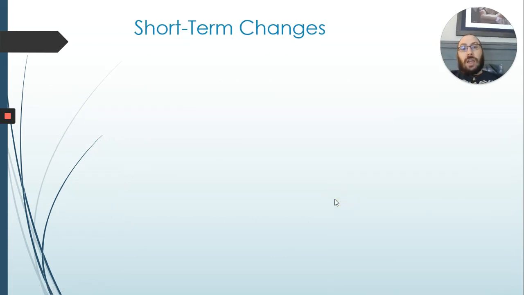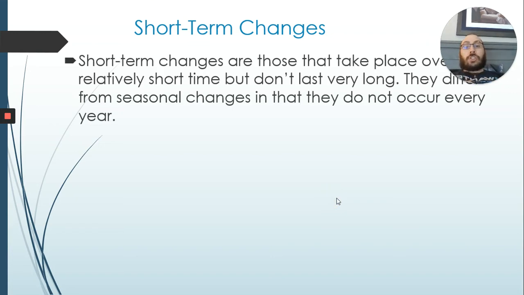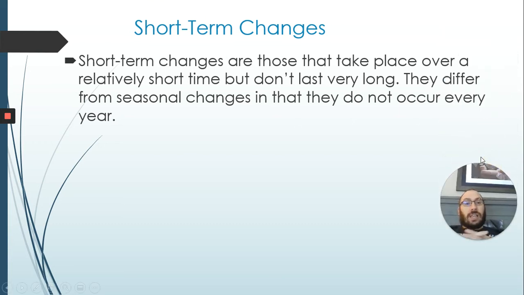Short-term changes are another example of population changes, and some students get short-term and seasonal changes mixed up. Remember, seasonal changes occur every single year. The population goes away, but we know they're going to come back in another year. Short-term changes occur over a relatively short time, obviously, as the name says.